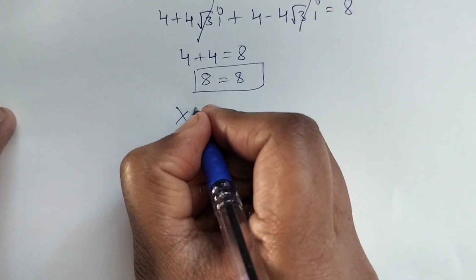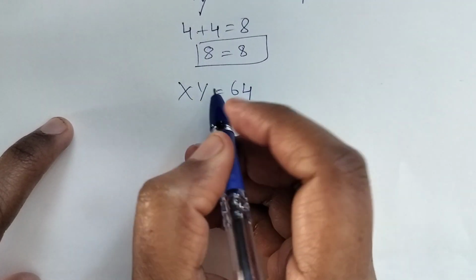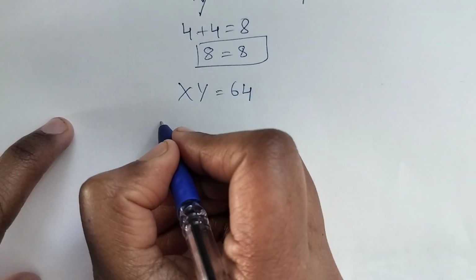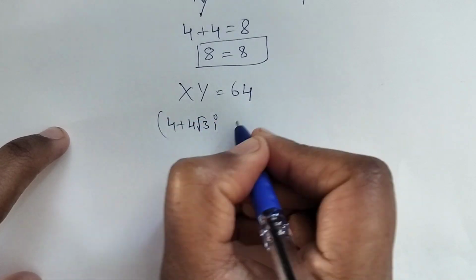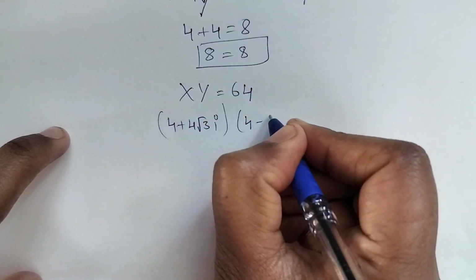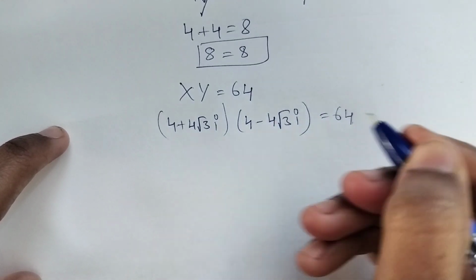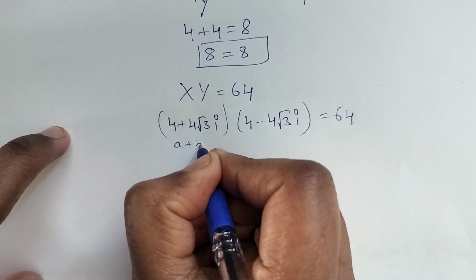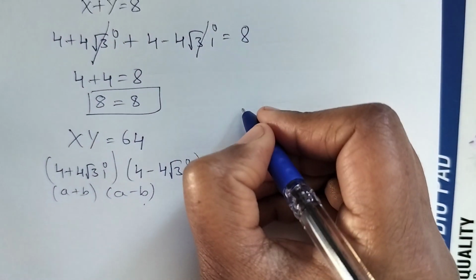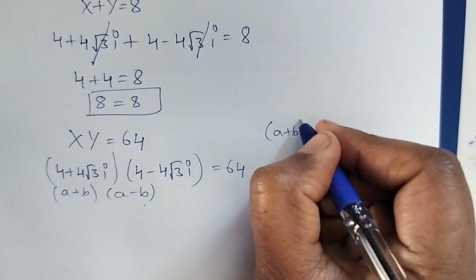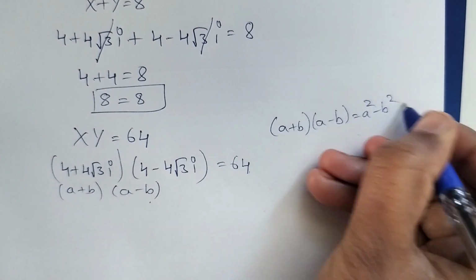So x times y is equal to 64. Substitute the values of x and y in this equation. The x value is 4 plus 4 square root of 3i, and the y value is 4 minus 4 square root of 3i, which should equal 64. Now this is in the form of (a plus b) times (a minus b), and a plus b times a minus b is equal to a square minus b square.